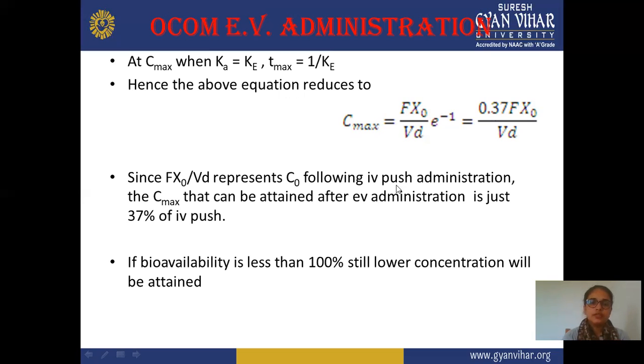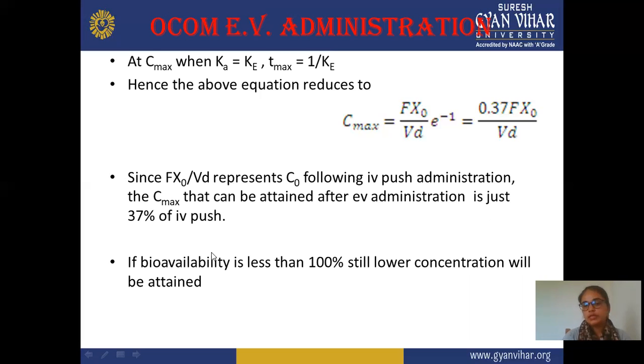And since F X0 divided by Vd represents C0 following IV push administration, the Cmax that can be attained after extravascular administration is just 37% of the IV push. Hence, there may be a difference observed when you take the drug by the IV route or the extravascular route. So these differences may show some changes in the equation.